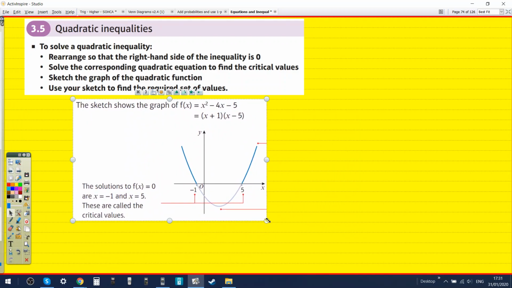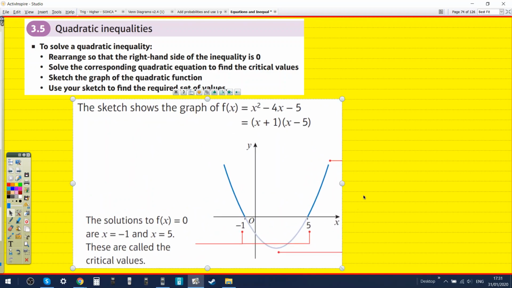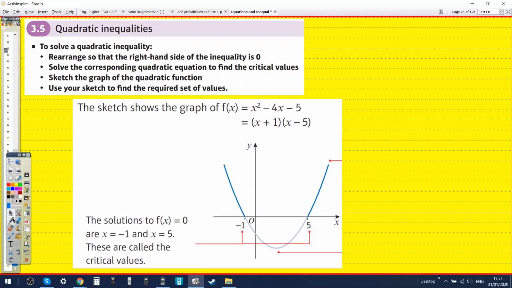Okay, so let's say this one. So this is x squared minus 4x minus 5. Where is x squared minus 4x minus 5 less than 0? So solve that one.